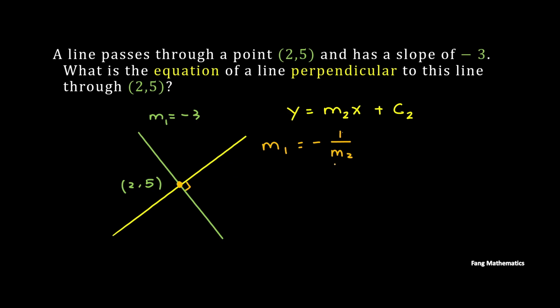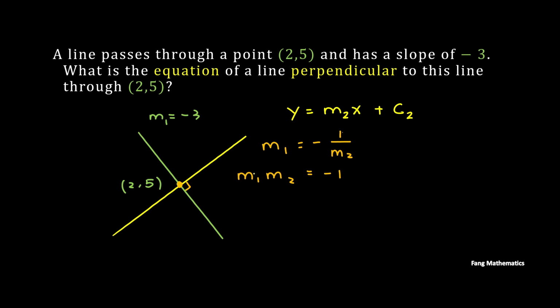That's right. Or else, if you look at this expression in orange, you are to rearrange it. You multiply both sides by m2. So the product of the two gradients of perpendicular lines is equal to -1. And this equation is what we commonly use to determine the slope of the perpendicular line.